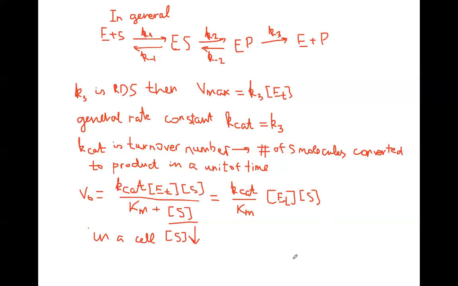So the ratio of Kcat over Km is a measure of catalytic efficiency of the enzymes. Or you can say kinetic efficiency.